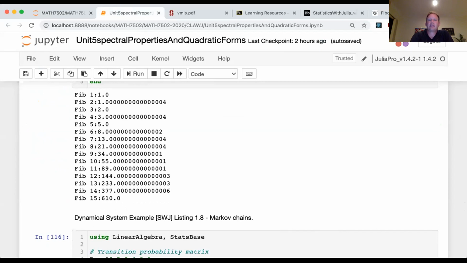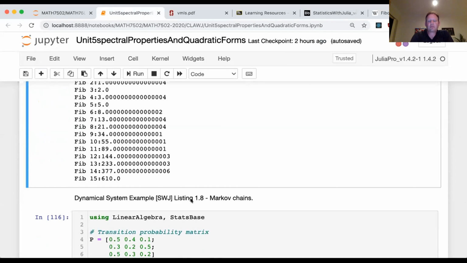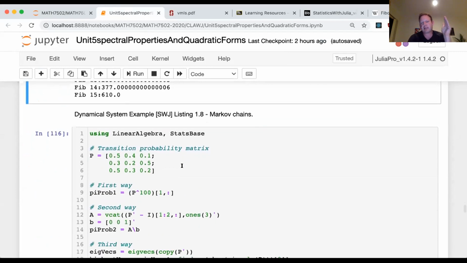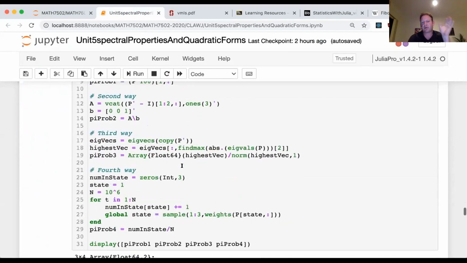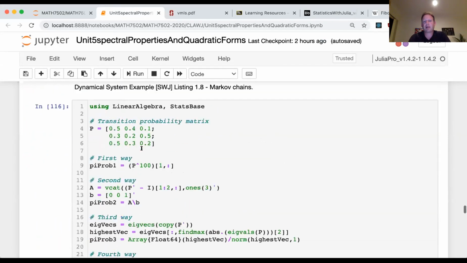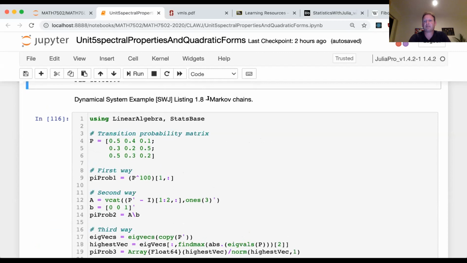Now, the next example for dynamical systems, which I really like, is Markov Chains. That's from Statistics with Julia, but we might get to that a bit later because I want to make sure that we cover symmetric matrices all the way. I assume some of you have heard of Markov Chains.